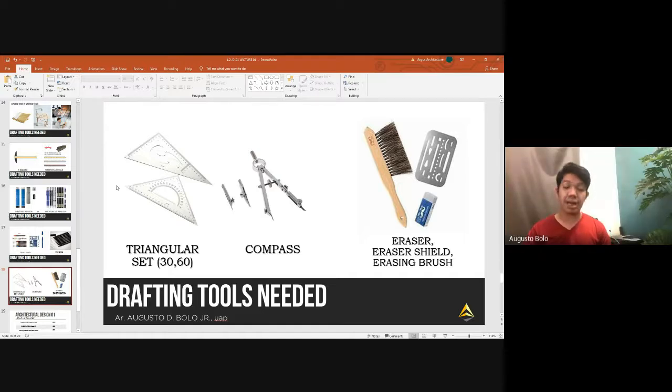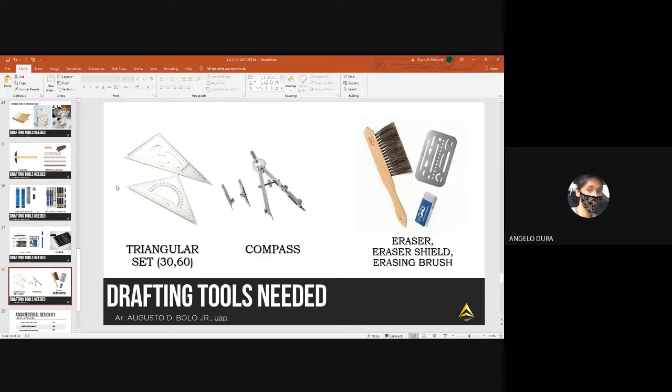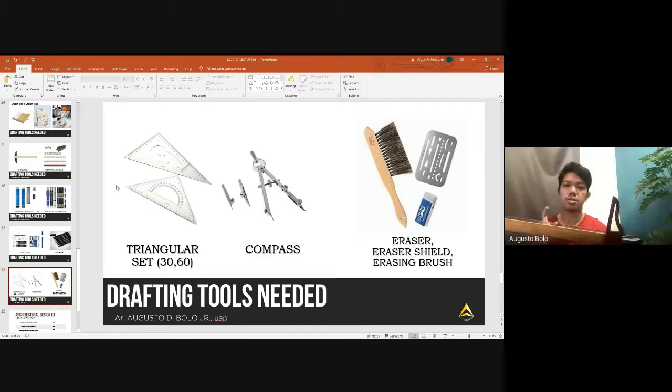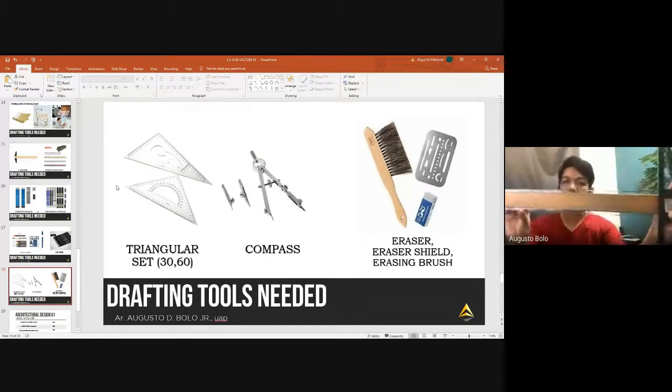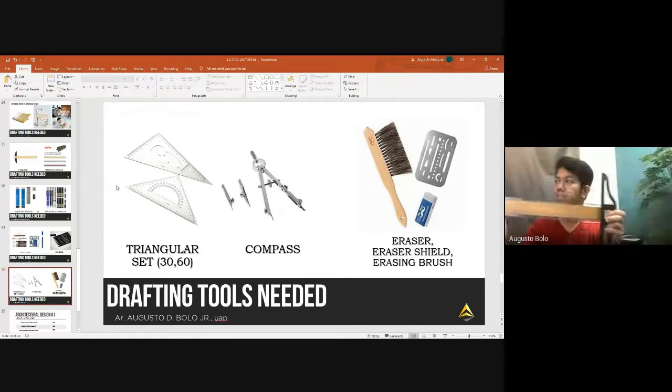Depende ata sa brand. I think Rotring has the inches calibration yung sinasabi mo, Angelo? Calibration ba? Okay. For the calibration, Rotring has inches. Yung other brands, meron naman. Regardless of the calibration, kaya mo siyang ma-manipulate.